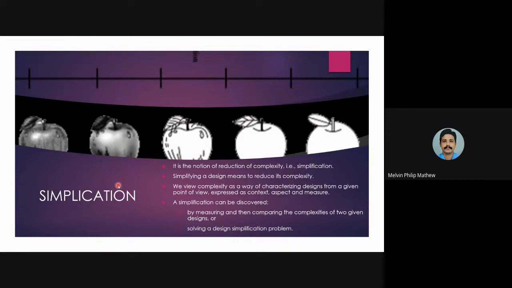So there will be problems in producing the products. For that purpose, we are simplifying each and every operation, or simplifying the design of the product, so as to easily make the product.